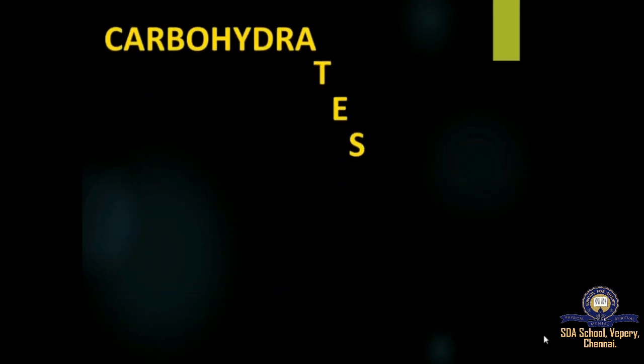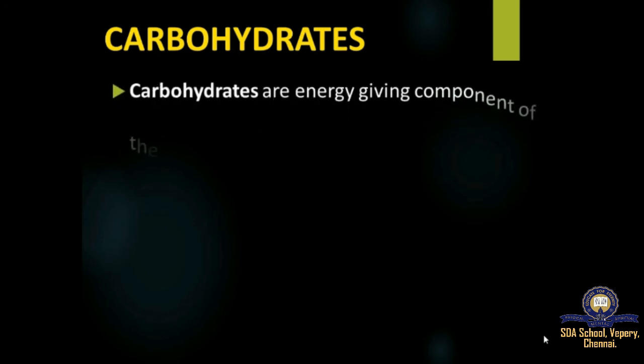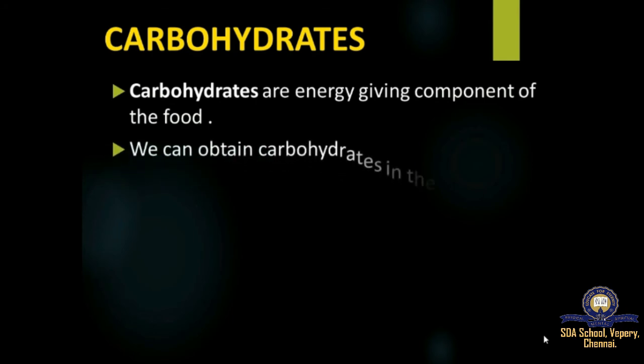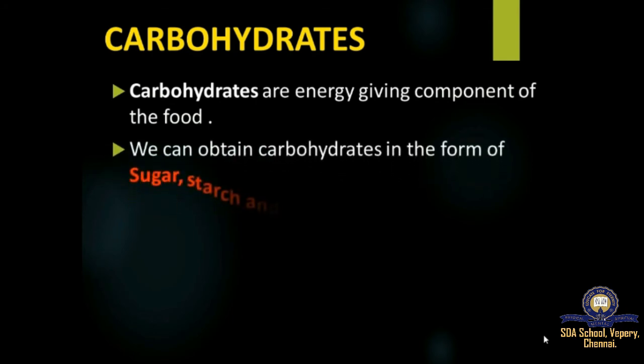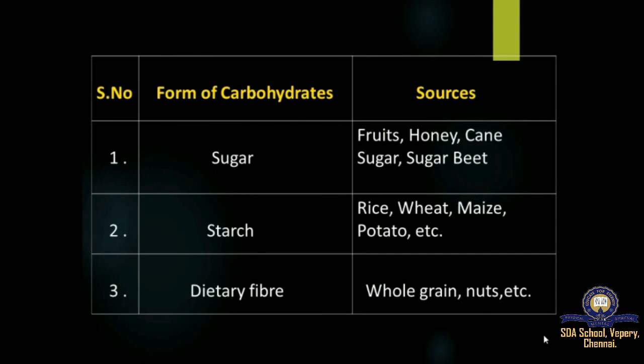So first, we'll look into carbohydrates. Carbohydrates are the energy-giving components of food, and we obtain carbohydrates in the form of sugar, starch, and dietary fibers. Then we saw the tabulation of the various forms of carbohydrates and their sources.